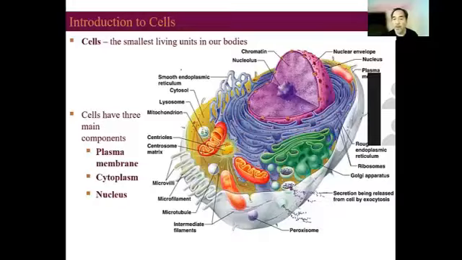So this is your typical cell. And what do we have in the typical cell? We have the plasma membrane. The plasma membrane is actually the cell's wall, the covering of your cell. And the cytoplasm is the fluid component of your cell. And the nucleus is what you have located inside the cell.